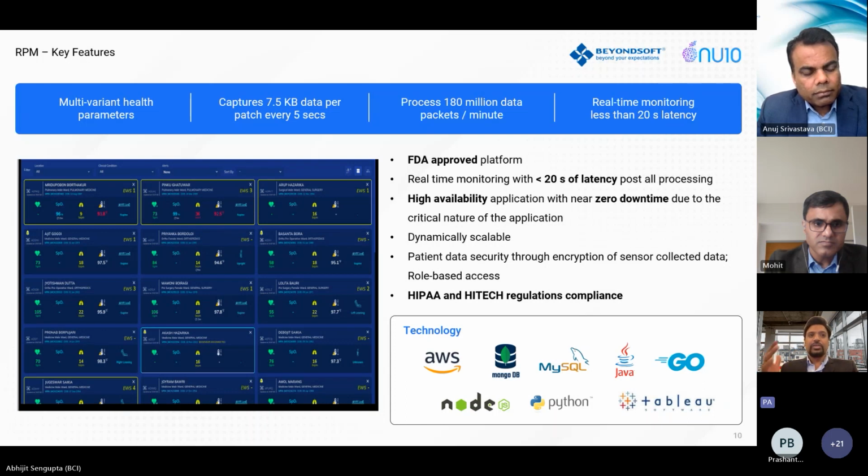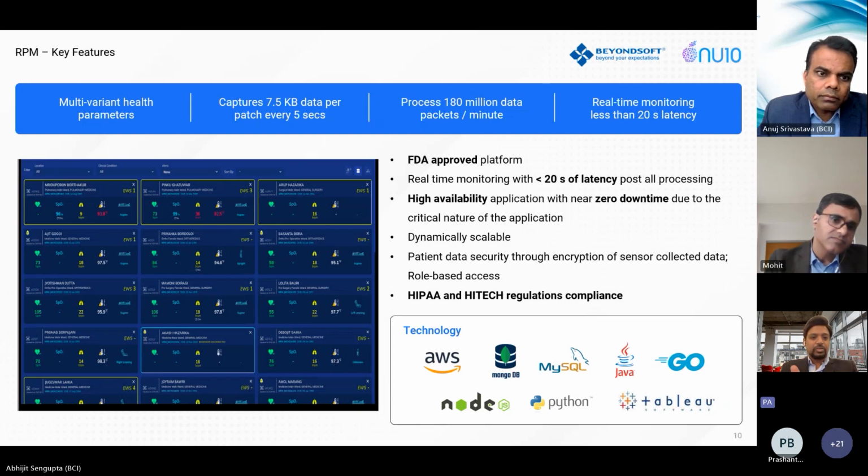The same patch, and that's been really useful because the doctor waiting for the patient to come in already has this information. The dashboard you see on the screen right now has information about this person even before the person is admitted into the hospital.